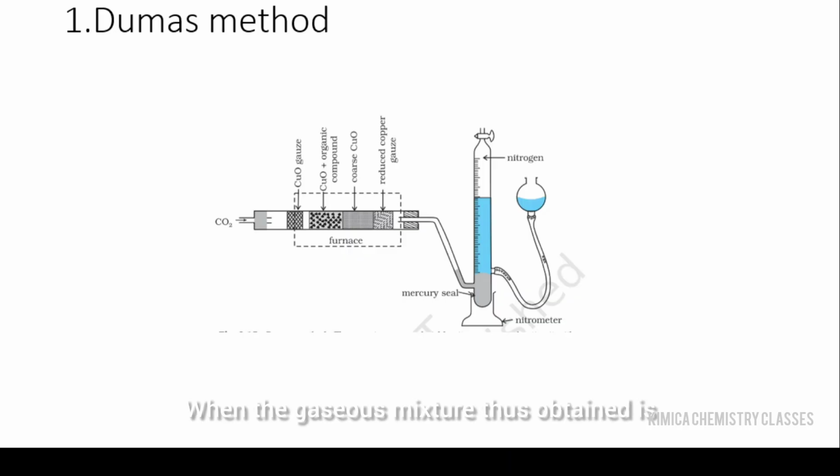When the gaseous mixture thus obtained is passed through a 40% KOH solution taken in a nitrometer, all gases except nitrogen are absorbed by KOH. The volume of nitrogen collected over the KOH solution is noted and the percentage of nitrogen is calculated, right?